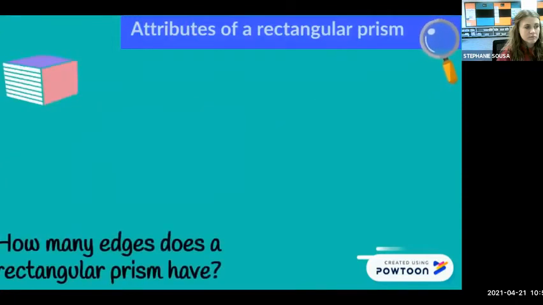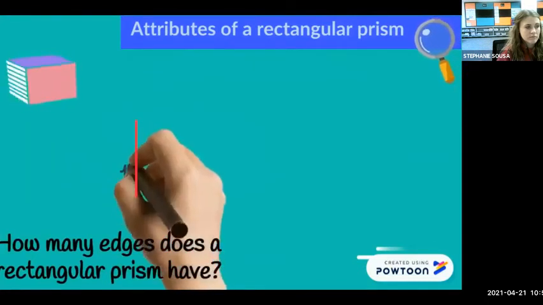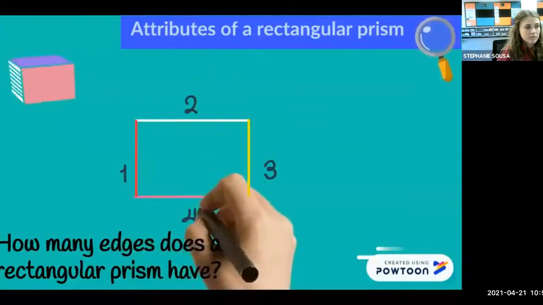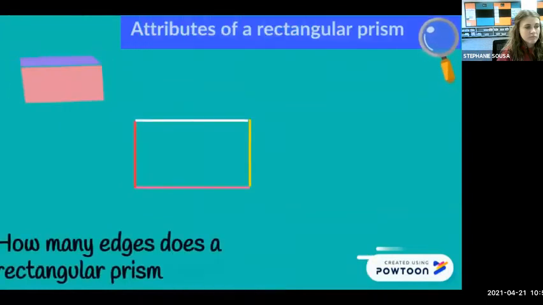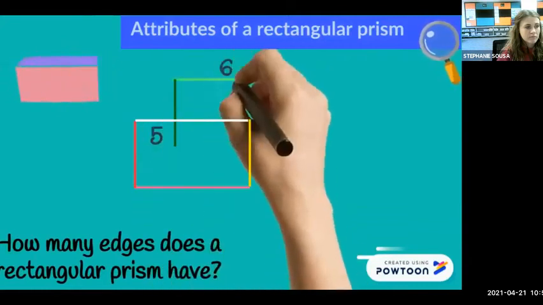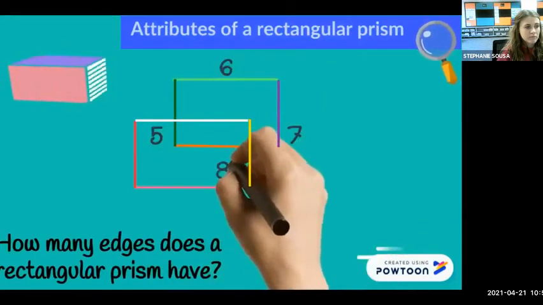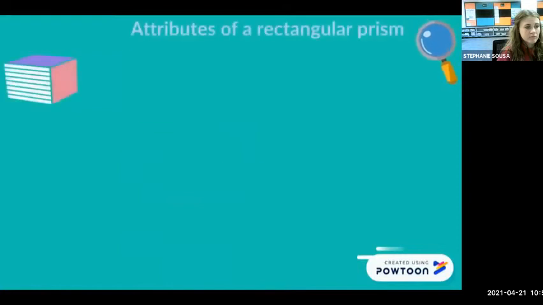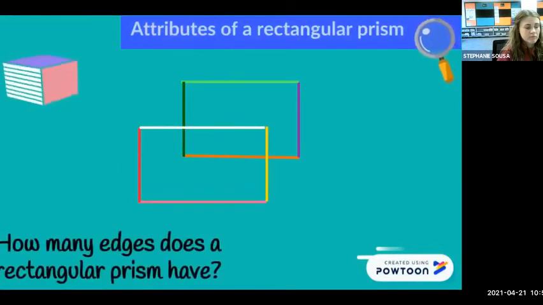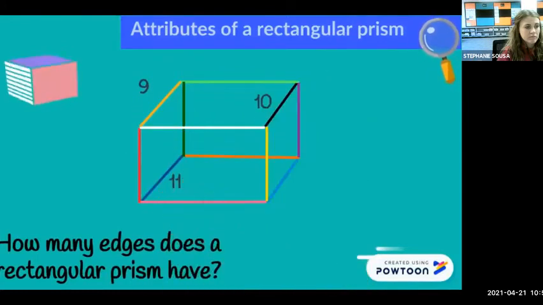How many edges does a rectangular prism have? Let's start with the front. 1, 2, 3, 4. Now count the number of edges at the back. 5, 6, 7, 8. Almost done. We just have to count the side edges on the top and the bottom. 9, 10, 11, 12.